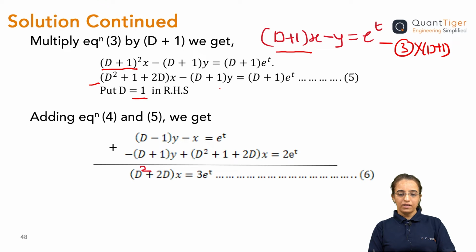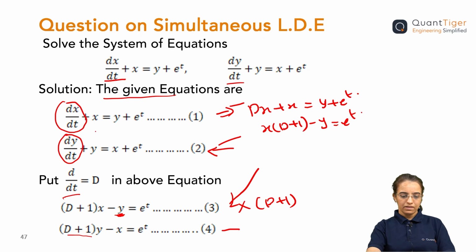Now in the RHS, you see that only the e to the power t term is there and nothing is along with that, so I can keep the substitution D equal to 1 so that the equation gets simplified. Equation 4, which I have taken from the previous slide as it is, was my equation number 4, because I want to solve simultaneously with it.